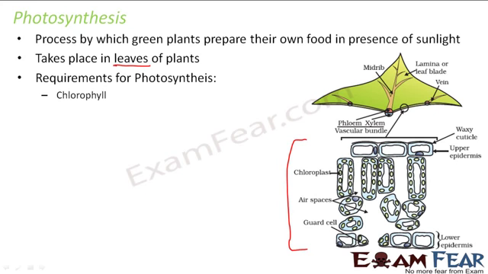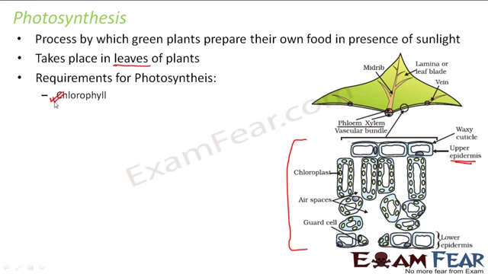That thickness actually consists of the upper epidermis. Epidermis constitutes the outer layer, the epidermal cells. After the epidermis we have the chloroplast. So you can see here some green colored pigments. They are the chloroplast, and inside this chloroplast, the green color is contributed by this pigment called chlorophyll.